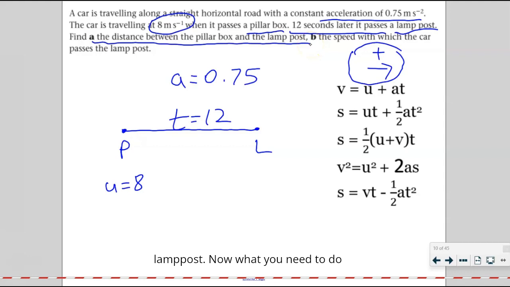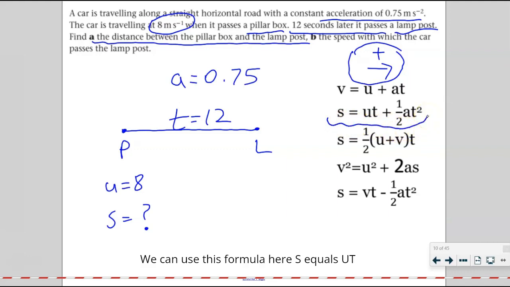Now, what you need to do is see which formula connects. We need to find the distance, which is s. So we need to see which formulas have a, t, u, and s. These are the 4 values we have written down.